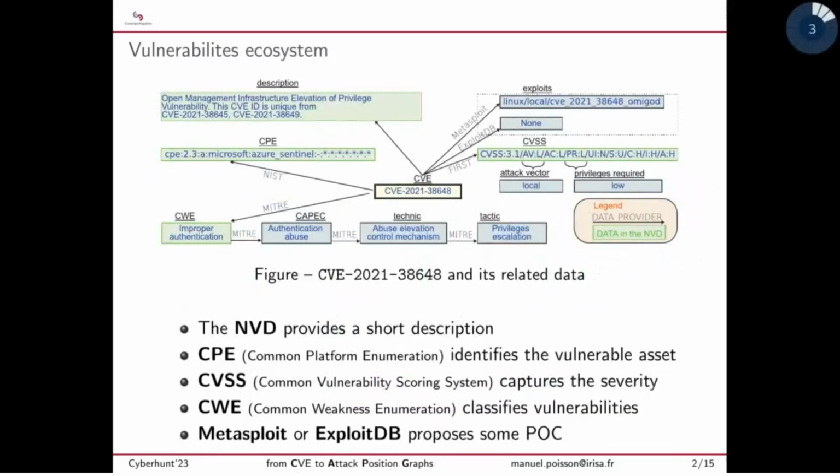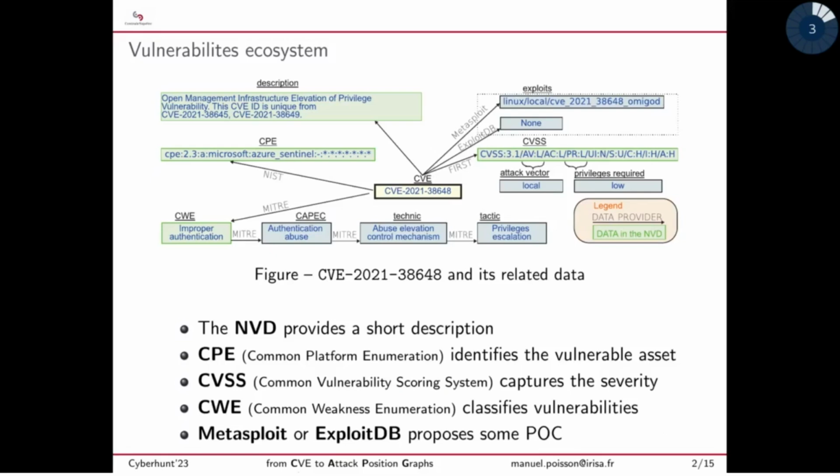So when we know a vulnerability with a given CVE is present, what we want to know next is more information. What else is there about this vulnerability? On the National Vulnerability Database, we have a short textual description in natural language of the vulnerability.